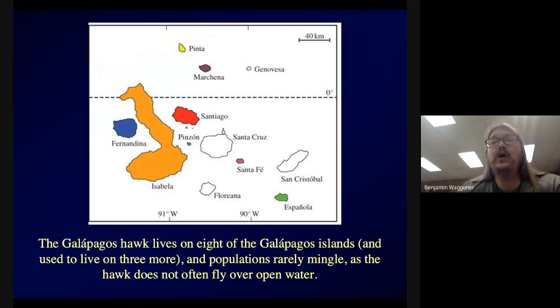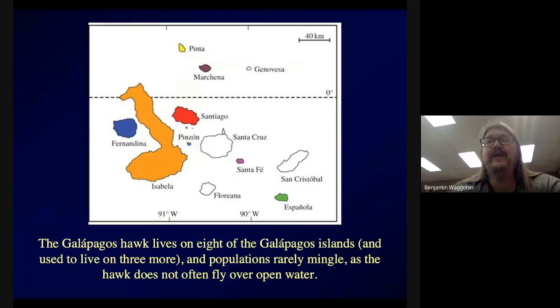Now, the Galapagos hawk lives on 8 of the Galapagos islands, the ones that are color-coded here. Isabela is the largest. That's the one in orange. Next to it, you've got the large Fernandina and Santiago and the tiny island of Pinzon. And then you have outer islands, Pinta, Marchena, Santa Fe, and Española. Hawks don't like flying over open water, so populations of these hawks don't mingle very much.